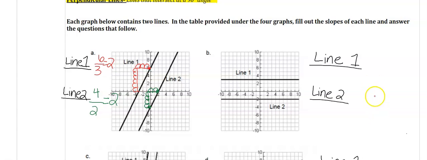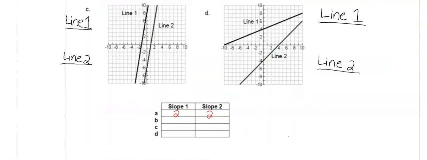So for line 1, our slope is just equal to 0. And for line 2, the same thing can be said. Because it's not moving up or down, it's a horizontal line, our slope is 0. So I can go down to our table, and for graph B, slope 1 was 0, and slope 2 was 0.